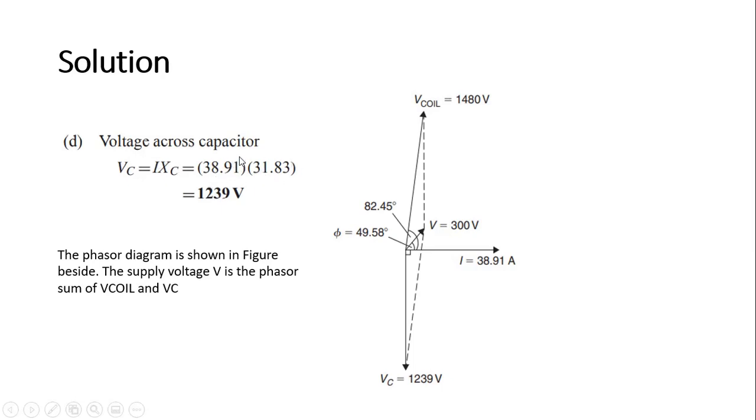So if you input the values, you are going to get what? 1239 volts. So this is the phasor diagram. You should be able to draw the phasor diagram because we have done the basics of phasor diagram. So you should find time and study this phasor diagram so that you'll be able to reproduce it if you are asked to do so in the test or in the exam.